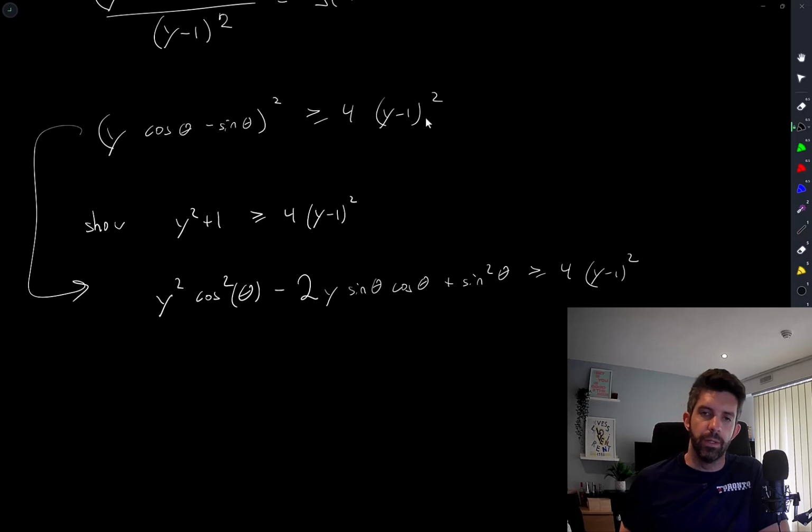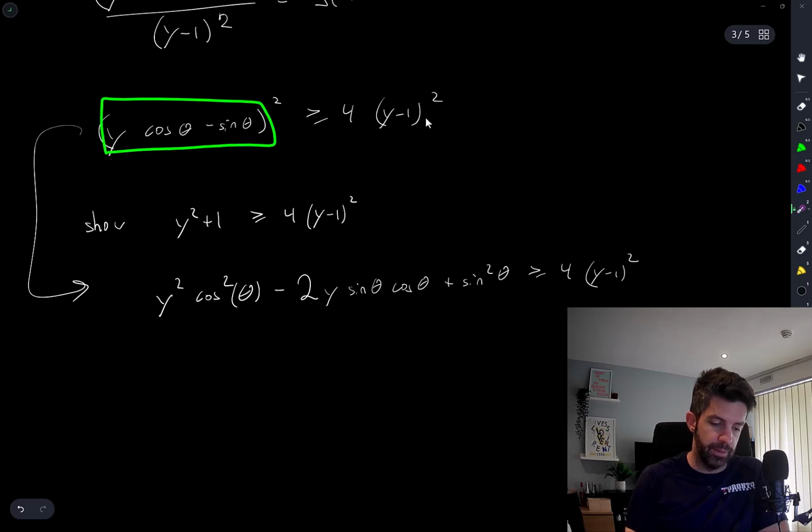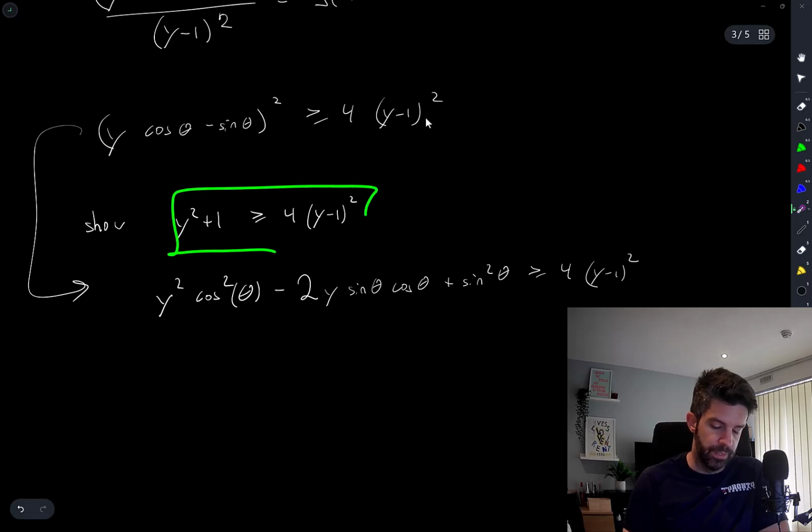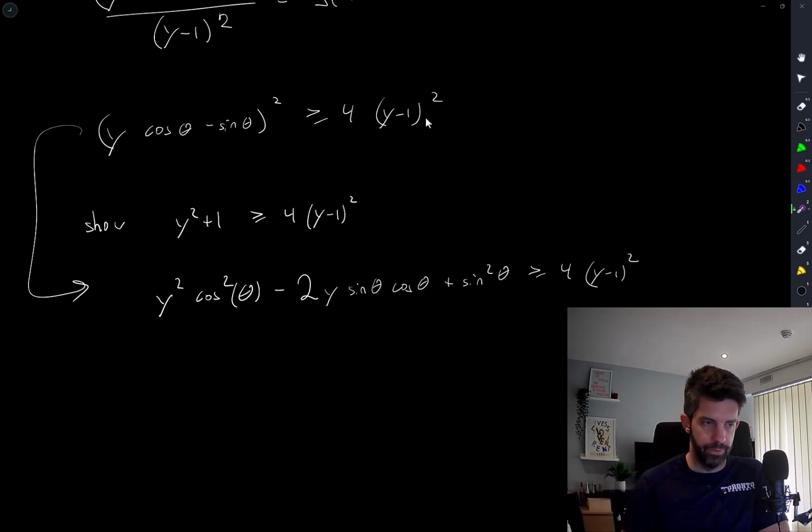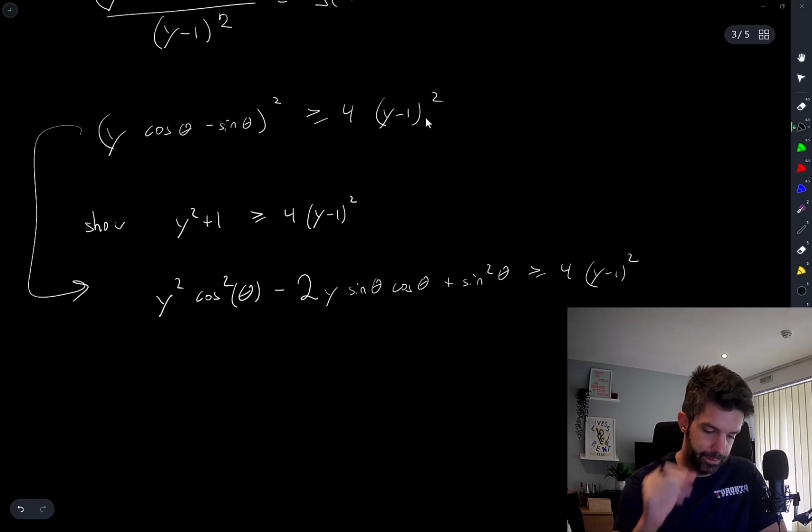I guess so. Why not? If I think of y as being fixed and maximize this with respect to theta and show that this is always true, then it will in fact also be true for the value of y which corresponds to this value of theta.